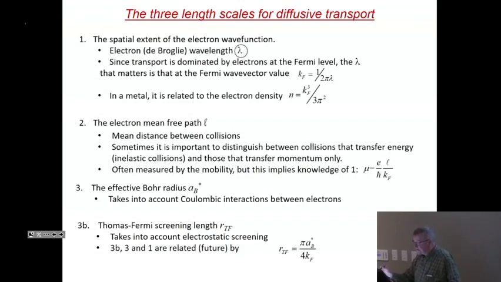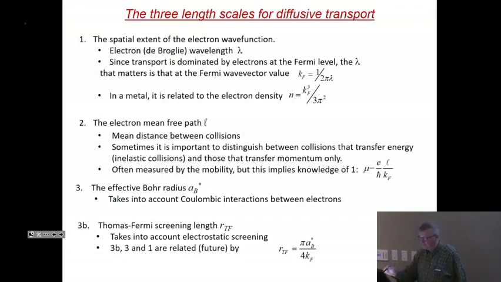Let's call this lambda. And if we take this in the very simple picture that I showed you before, the k vector at the Fermi level, or at the electrochemical potential, is just 1 over 2 pi lambda. So this is directly related to k. So in a metal, because the density of free carriers is related to kF cubed, of course this is related to lambda cubed directly as well.